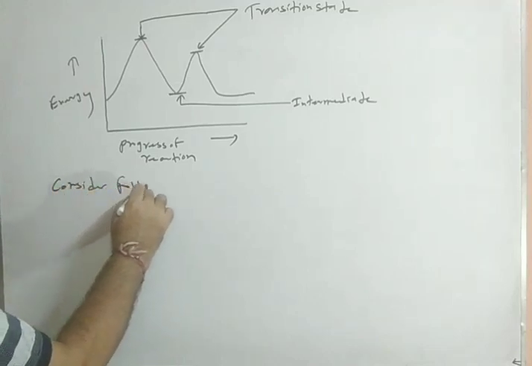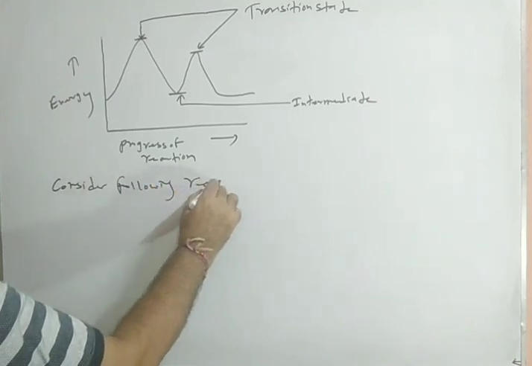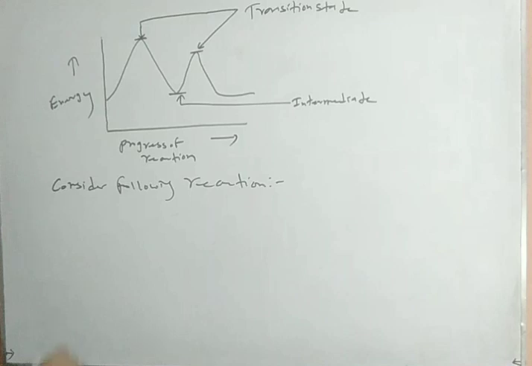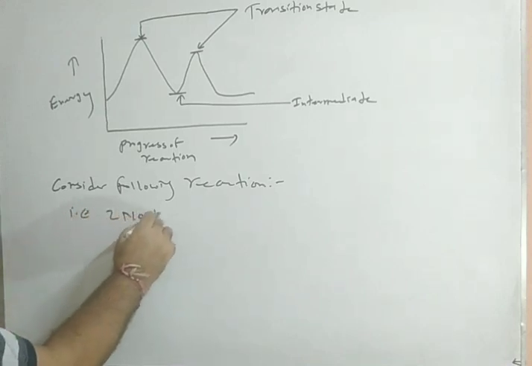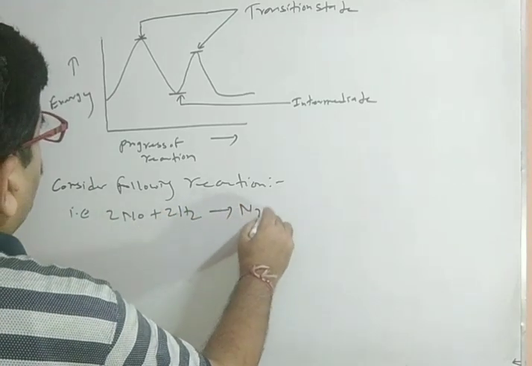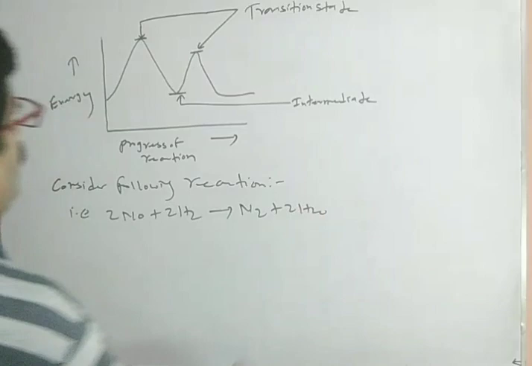Consider the following reaction, that is 2NO plus 2S2 gives N2 plus 2S2.